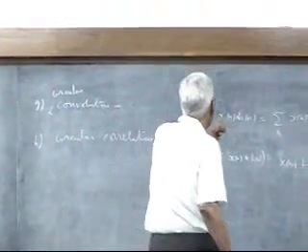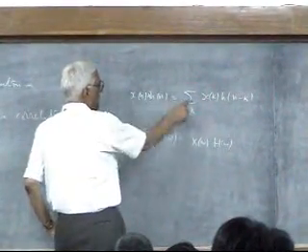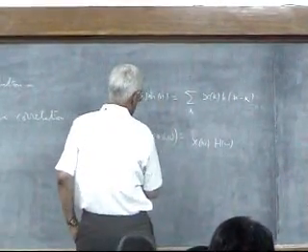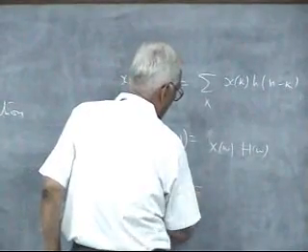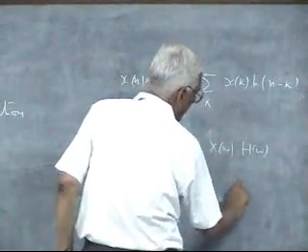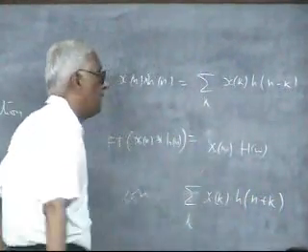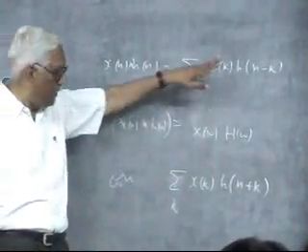Correlation of two sequences simply means, suppose I have two sequences, the convolution symbol is this, and correlation is given by this. Deceptively, it looks like it is exactly the same as that, but they are very different.